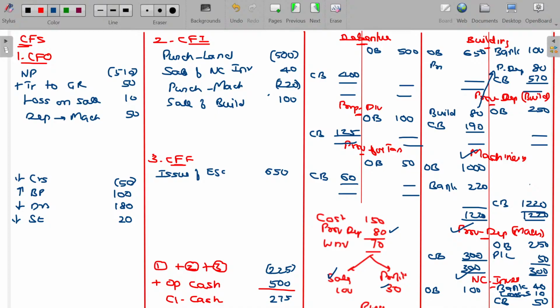Profit increases the value of building by 30. Profit is usually credited in the P&L account, right? So it is a subtracting item. Profit on sale, the value being 30, minus item.